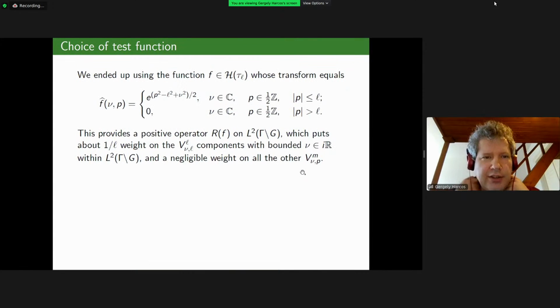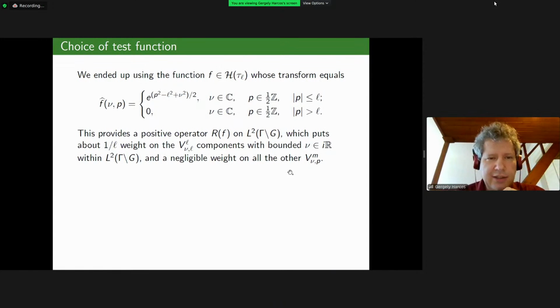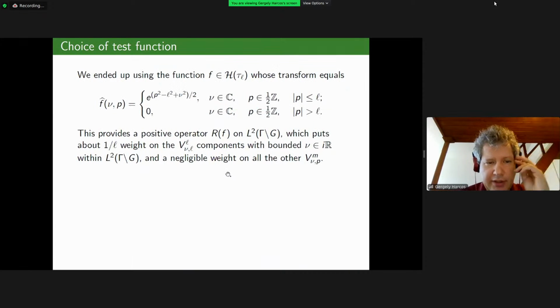So in the end, we settled on the following test functions in HTL. We define the function in terms of its transform. So we prescribe on the spectral side the weights in advance, and we settled for these Gaussian weights. So this transform function satisfies all the conditions, item 2 in this theorem and also star. On the function side, f is smooth and rapidly decaying with derivatives.